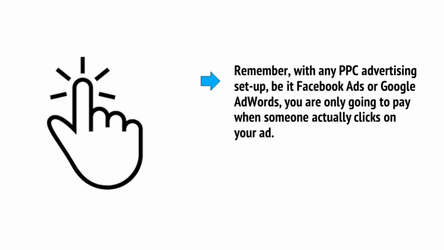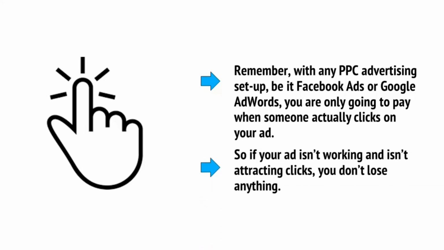Better yet is the fact that you can also set the budget perfectly to avoid spending more than you're earning. Remember, with any PPC advertising setup, be it Facebook ads or Google AdWords, you're only going to pay when someone actually clicks on your ad. So, if your ad isn't working and isn't attracting clicks, you don't lose anything.